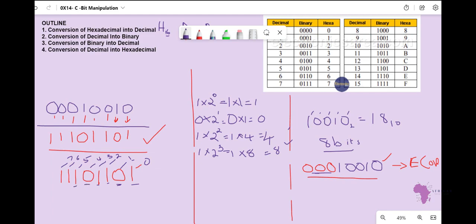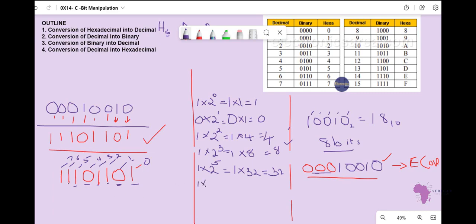Let's go to number 5. So we'll say 1 multiplied by 2 raised to 5, which is equal to 1 multiplied by 32, which is 32. Let's get the other one, position 6.